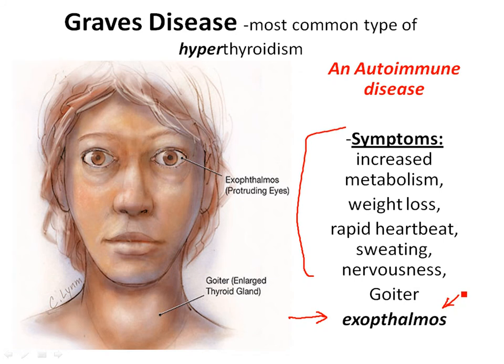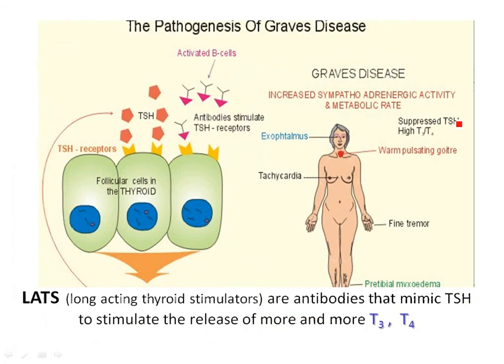Now, the reason for Graves' disease, the reason that we've got hyperthyroidism, and again, what was hyperthyroidism? Too much T3 and T4, right? Which caused all of these symptoms. So the cause of Graves' disease is actually an autoimmune disease. And you have to understand a little bit about the immune system to understand what's going on.